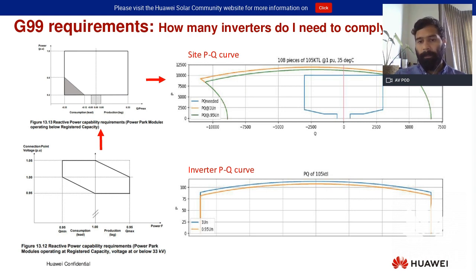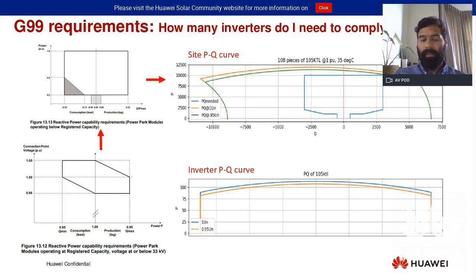This will define the number of inverters that you have on site. For example, if you want to do the contribution directly with the inverters, our inverters, they can work from 0.8 lagging to 0.8 leading power factor.